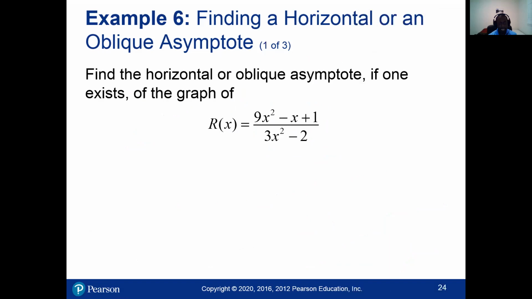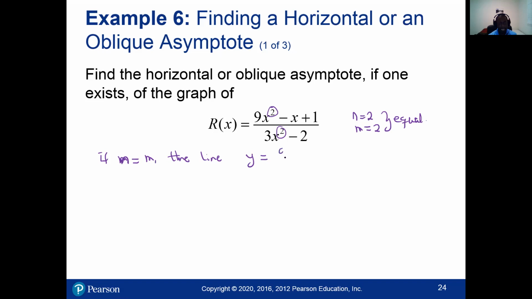We have r of x, a rational function, equal to 9x squared minus x plus 1 over 3x squared minus 2. Now notice that the degrees are the same. That is one of the cases. My n is equal to 2, my m is equal to 2. If n is equal to m, then the line y is equal to the ratio of the leading coefficients.